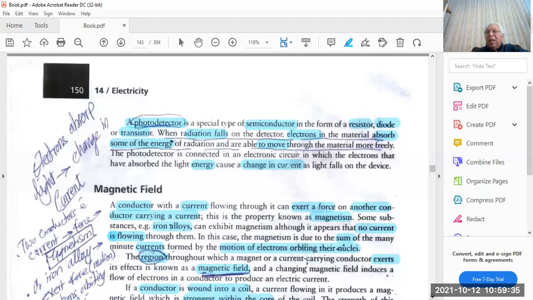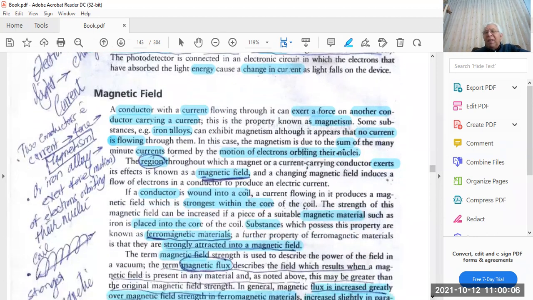Whenever radiation falls on this device, the electrons collect this radiation energy and increase their activity to send an electrical signal. And this is what we use to obtain what we call a photodetector sensor.